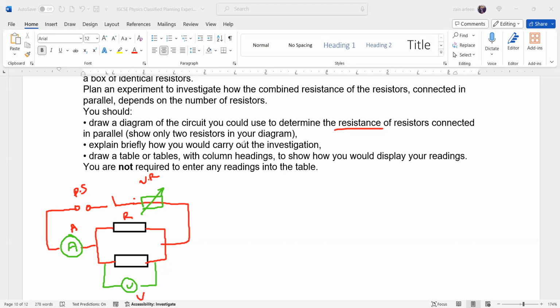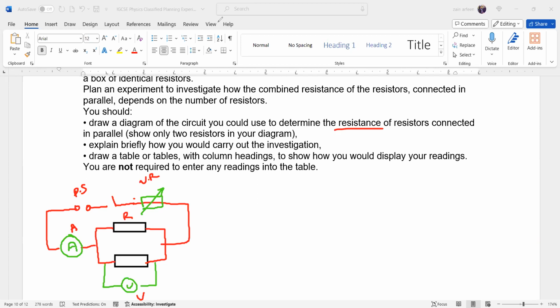Explain briefly how you would carry out the investigation, like the procedure. The experiment is about how the resistance of a circuit is affected by the number of resistors connected in parallel.